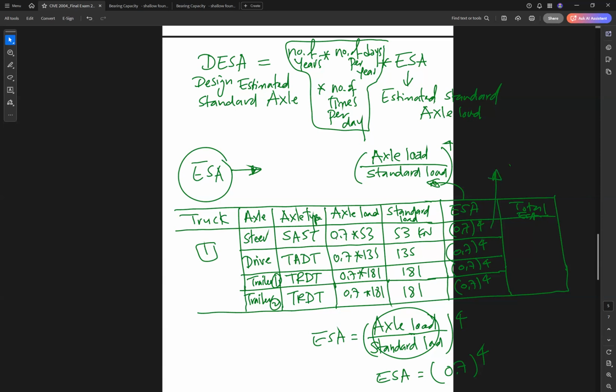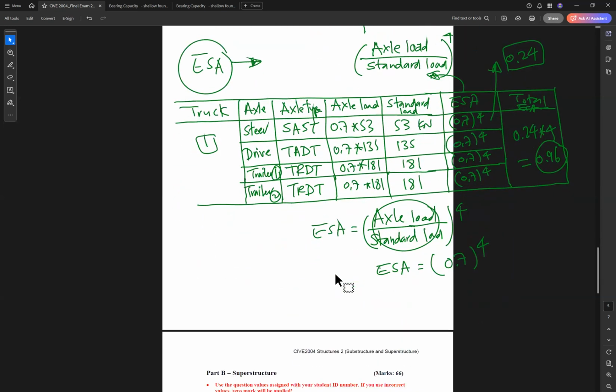So each of these values is 0.24. So how much is the total ESA? It will be 0.24 times 4, equal to 0.96. So ESA for this example is 0.96.